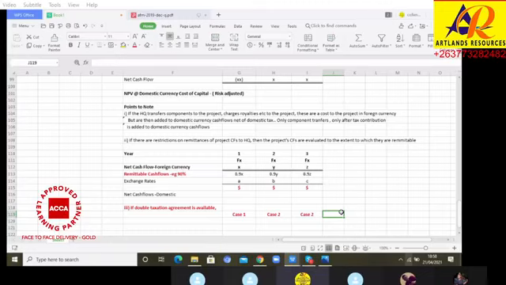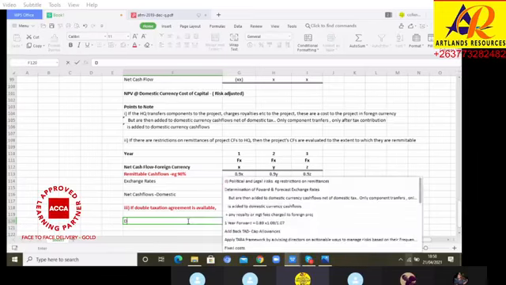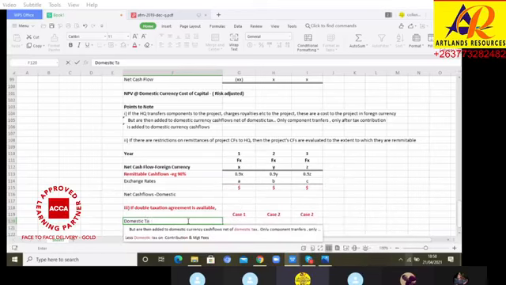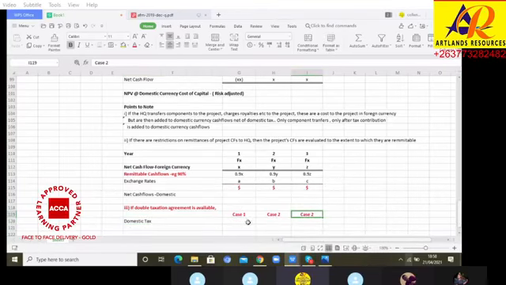So if it's Zimbabwe government and Botswana, let's say domestic tax is 20% on case 1, 15% on case 2, 30% on case 3.